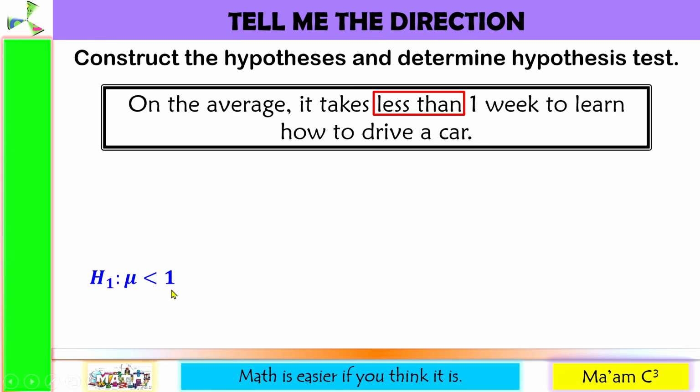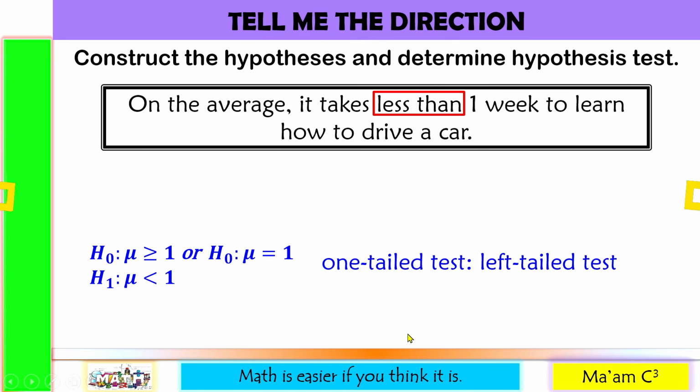And the complement of less than is greater than or equal to 1. That will be our null hypothesis. Or we can simply use equal to 1. Since we have less than in our alternative hypothesis, this is a one-tailed test, specifically a left-tailed test.